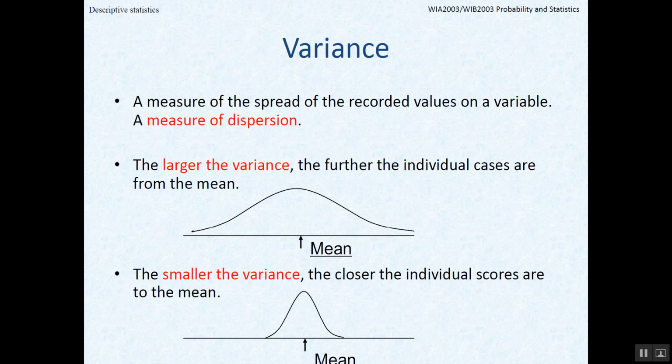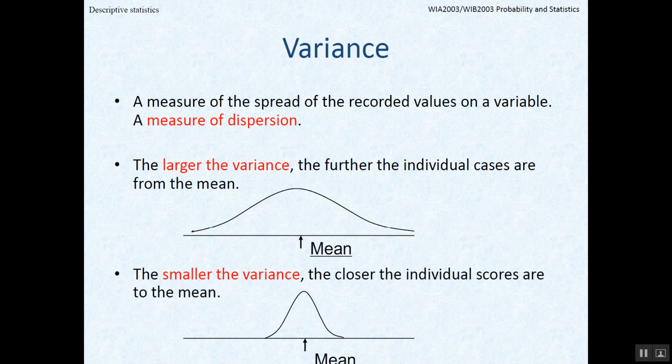So you might need this kind of observation to make certain conclusions, because if your variance is quite big, what does that tell you? That tells you that most of the CGPAs in that group are very far from your mean.